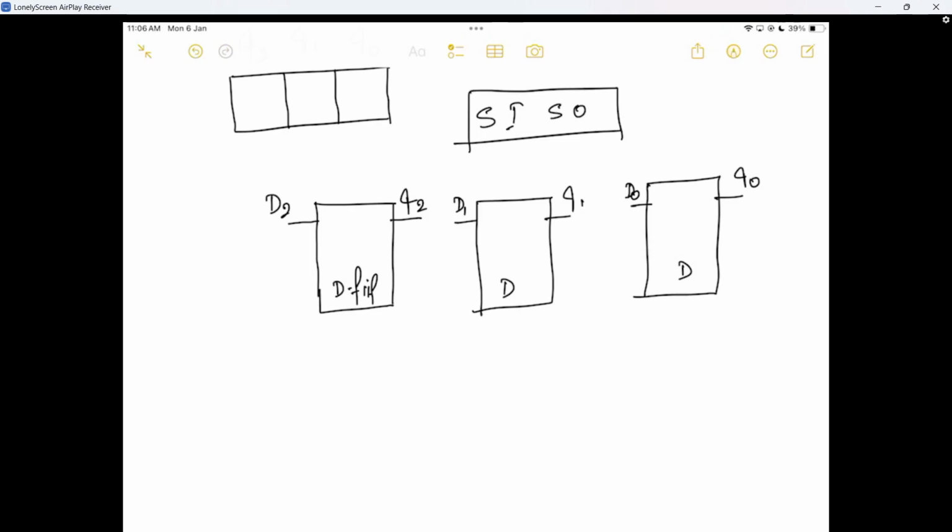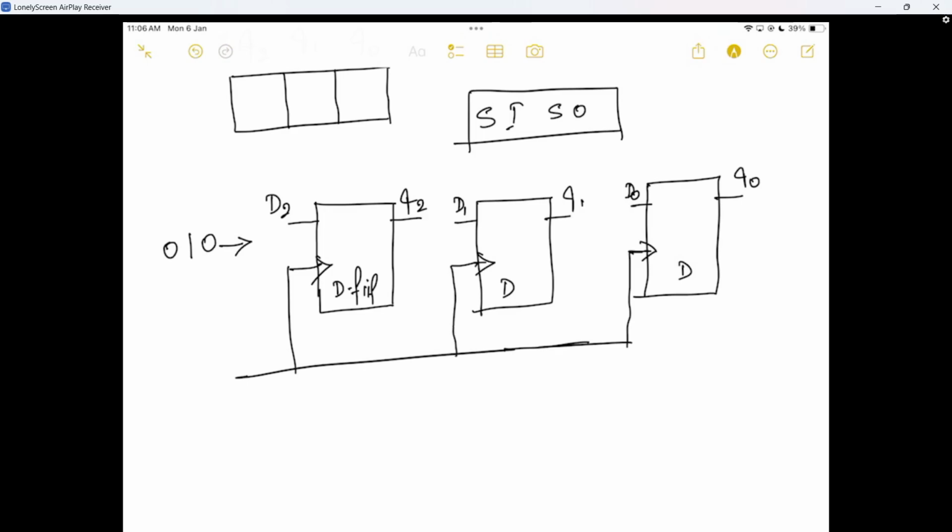If we take 3 bit data like 0, 1, 0, the first 0 goes in when the clock comes. This is the clock.